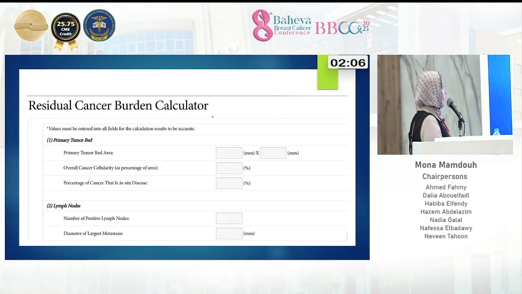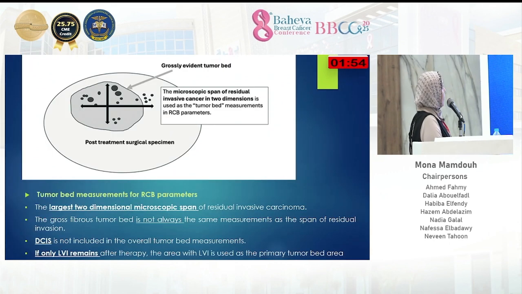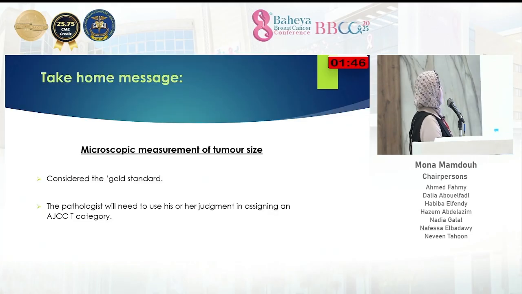طيب حقيقي لما باجي اشوف برضو النيو ادجفنت سبيسمن، عندي برضو بارامتر تاني اللي هو البرايمري تيومر بيد اريا اللي هحتاجه في الريزيدوال كانسر بيردن. هنا بقى انا هحسب كل الاكستنت بس مايكروسكوبيك برضو في كل الفصاي بالثيرابي ارياز ان بتوين. يعني we concluded ان الميكروسكوبيك measurement tumor size is the gold standard طالما عندي اللارج دايمنشن قادره احدده على الشريحه. لو مش قادره اقول ان مش قادره اقيسه، ساعتها بقى هلجأ للراديولوجيكال او الكلينيكال.